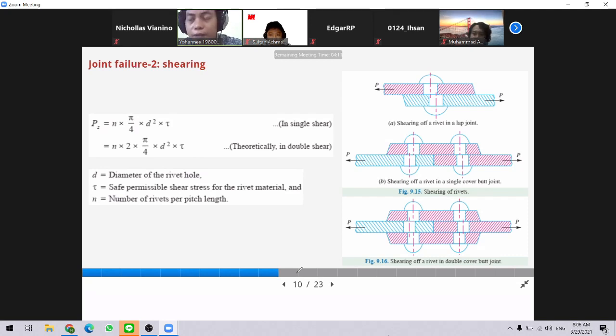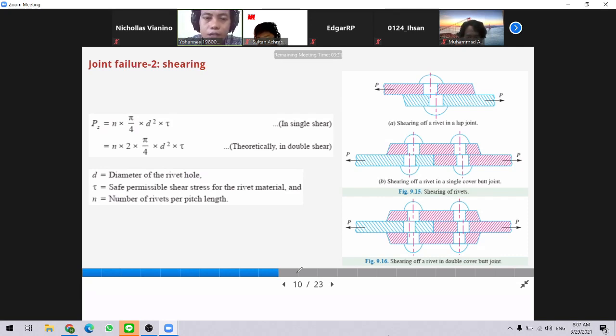Ductile material can resist very big tensile or compressive stress, but it is weak against shearing load. So the weak part of ductile material is the shearing load. That's why it is included here as a joint failure.